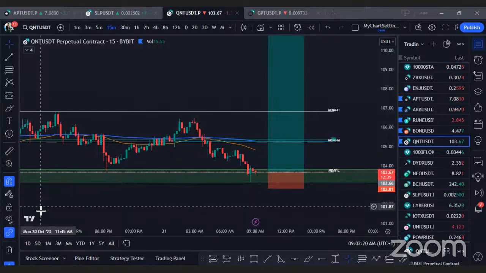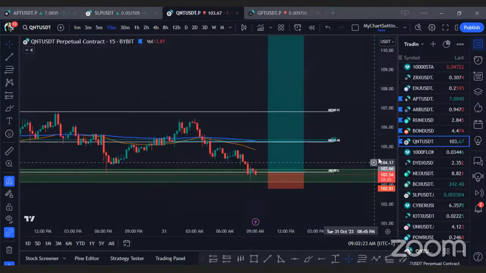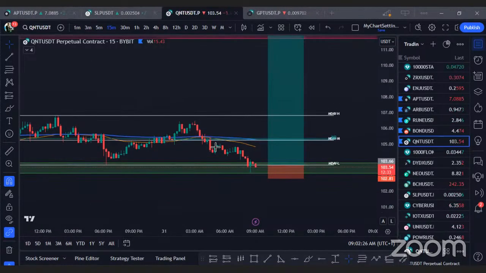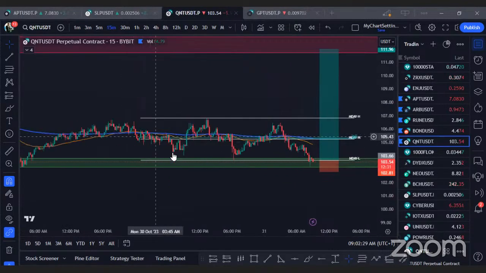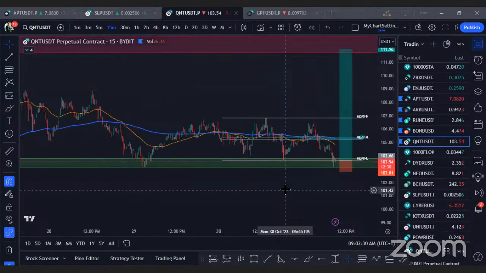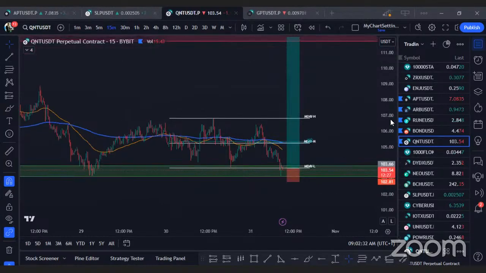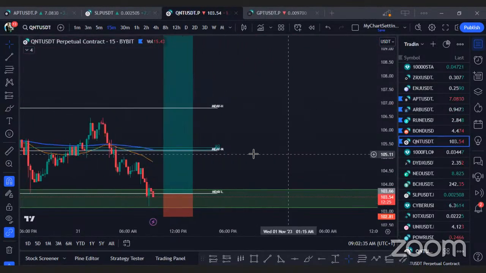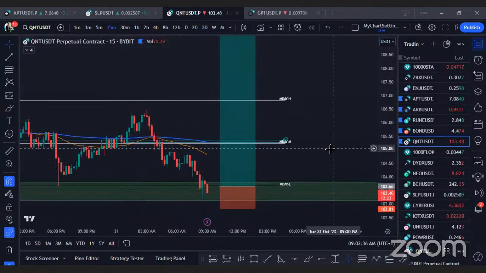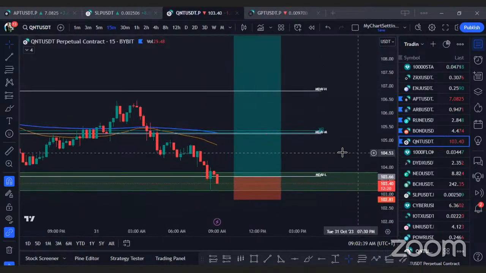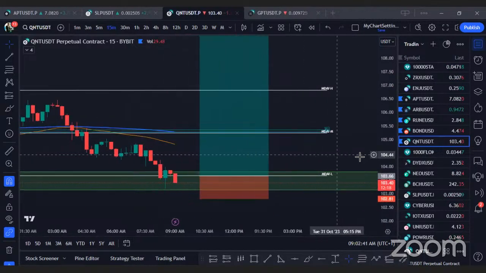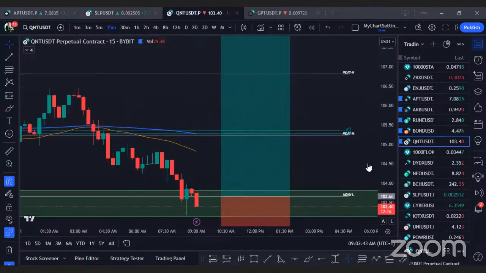Guys, take it easy with leverage, because if at the end of the day you lose all this money, what will you be using to trade again? That is the issue, guys. Experience has taught me lessons in this space. At times you use leverage and you're making profit and it's very sweet.